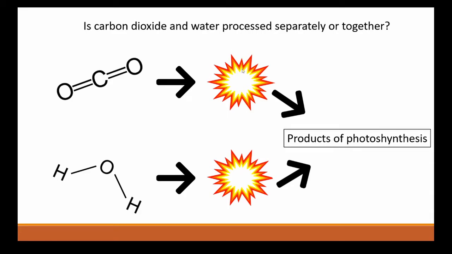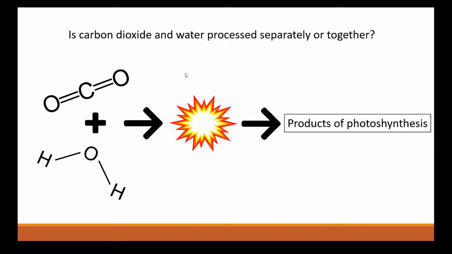These things here represent different processes. After they're individually processed, some stuff happens and you get the products of photosynthesis. The next possibility is that both of these undergo changes through the same cellular process, and that results in the products of photosynthesis. Of course, now we know the answers to that.